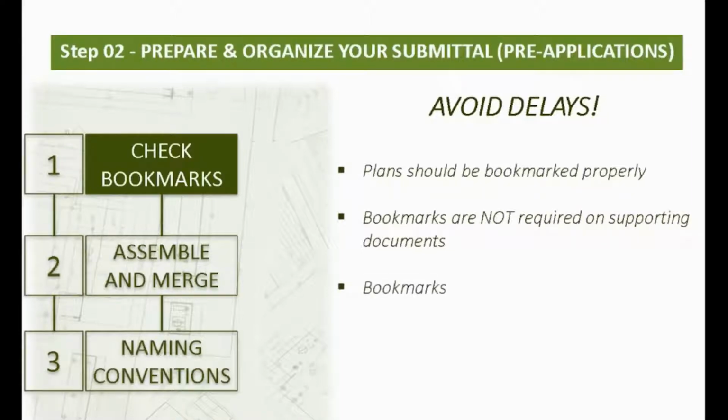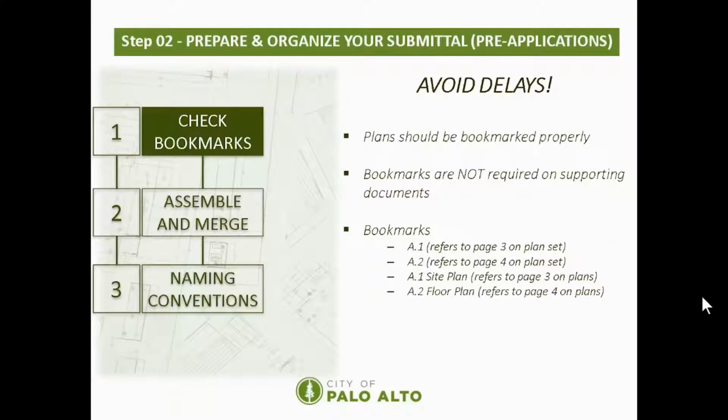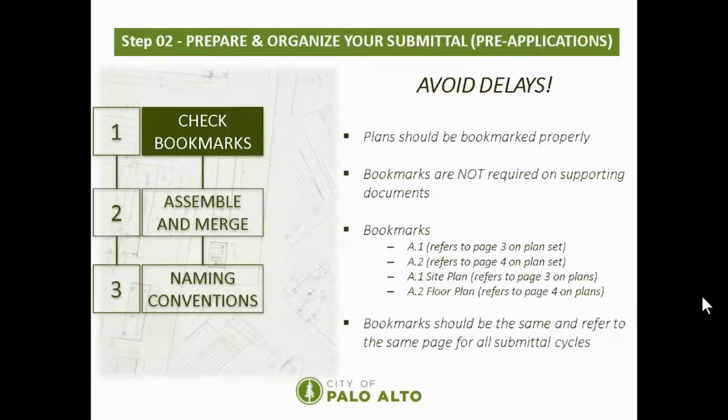These bookmarks, whether it's a sheet or page reference number, like 8.1 or 8.2, or sheet or page reference numbers plus text description of the page, like 8.1 site plan or 8.2 floor plan, must remain exactly the same and refer to the same page on subsequent submittals to avoid delays in plan review.